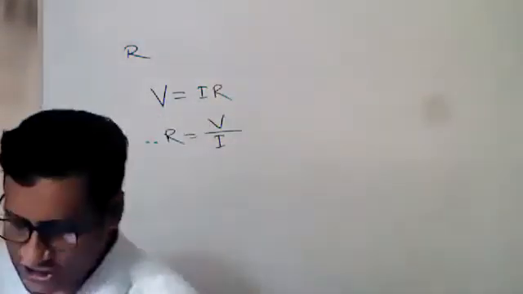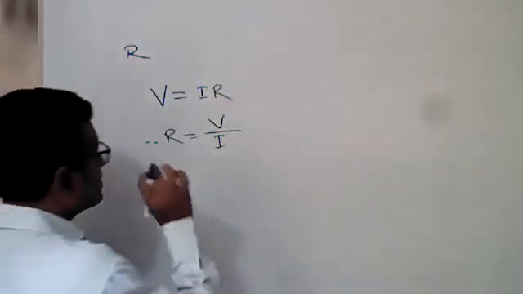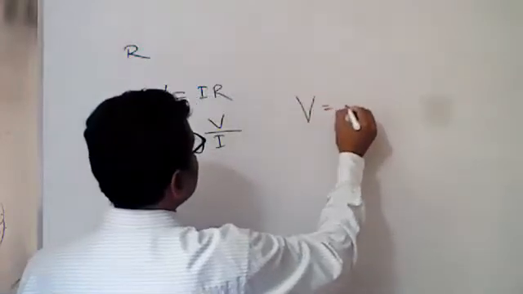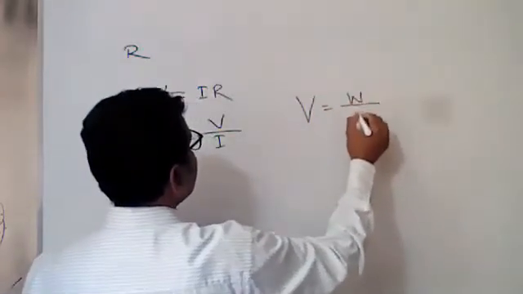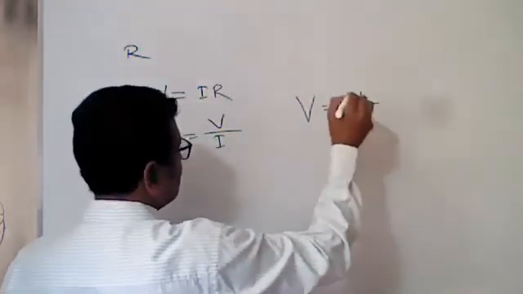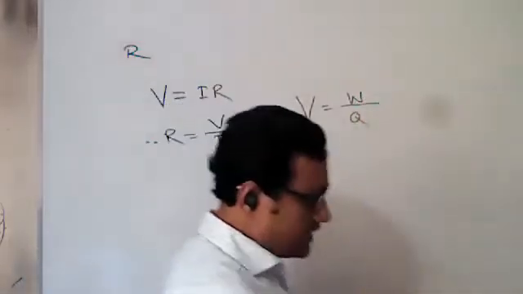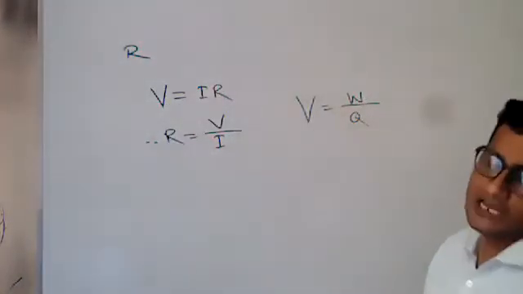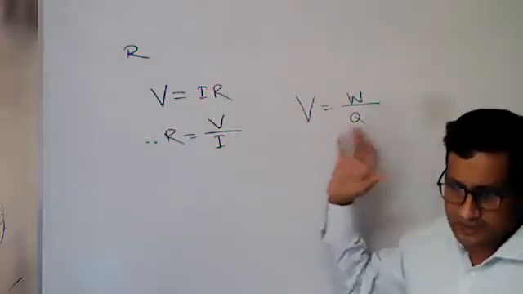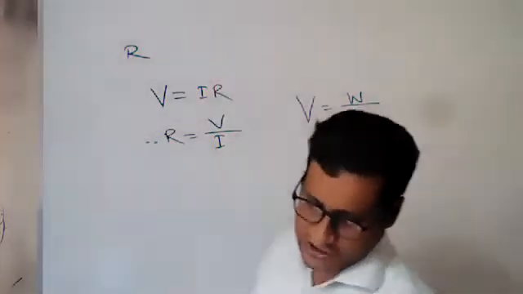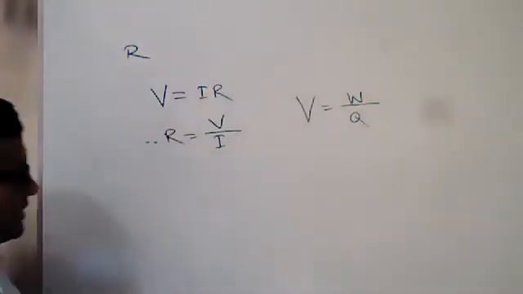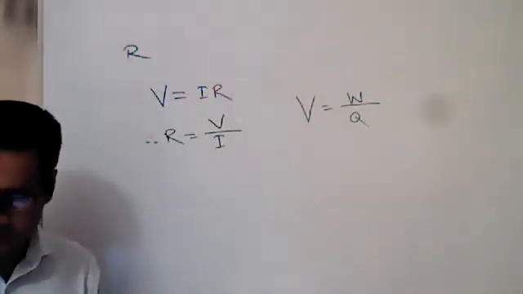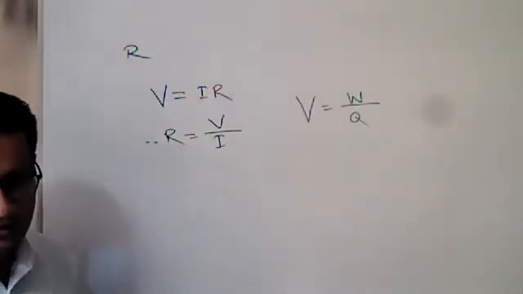V means potential difference. We know potential difference equals W by Q. To bring a unit positive charge from an infinite distance, the amount of work done is called the potential or potential difference.